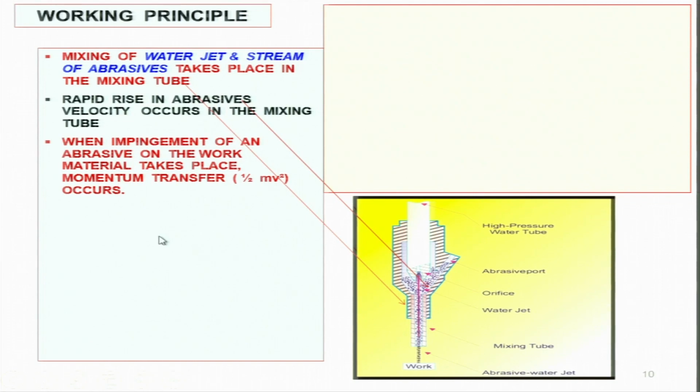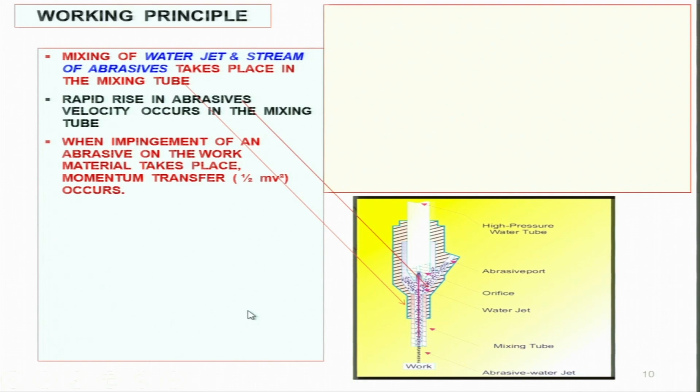Rapid rise in abrasive velocity occurs in the mixing tube. Once abrasive particles come in contact with the high velocity water jet, they get high velocity, and when impingement of an abrasive on the work material takes place, momentum transfer occurs. When this abrasive particle is impinging on the workpiece surface, momentum transfer takes place.